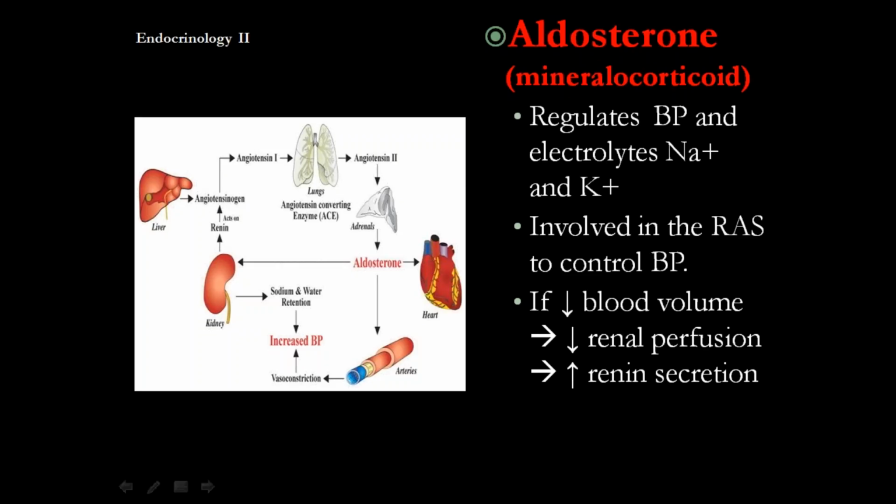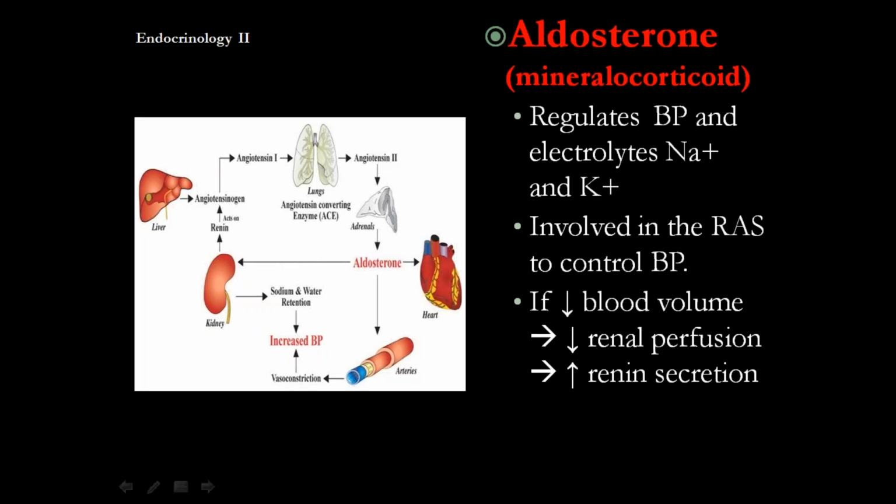Angiotensin 1 goes into the lungs, and here we have the ACE, angiotensin converting enzyme, that is going to lead to angiotensin 2. Angiotensin 1 and angiotensin 2 already have some vasoconstriction effect on the vessels. They can already lead to an increase in blood pressure.